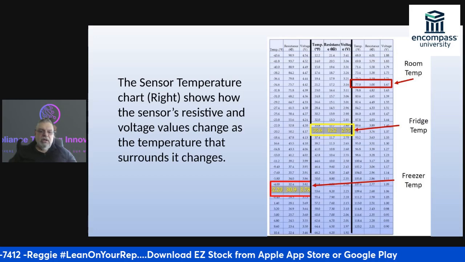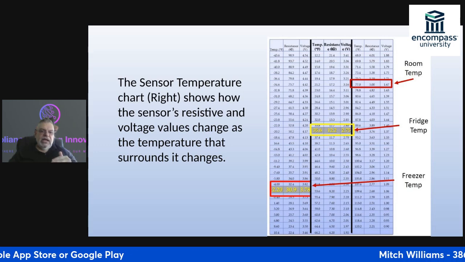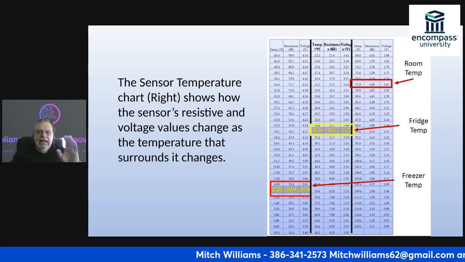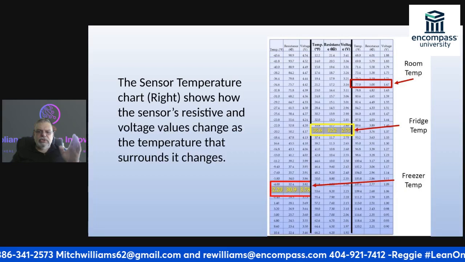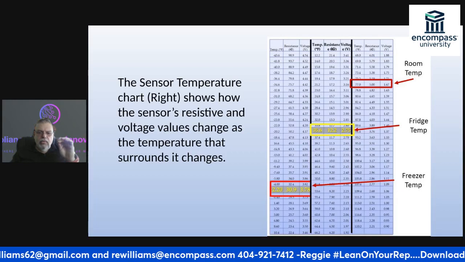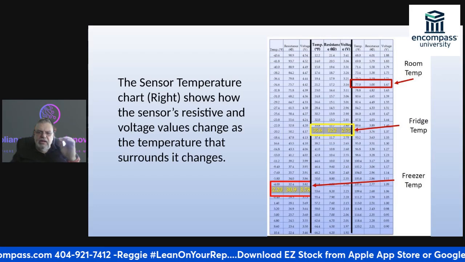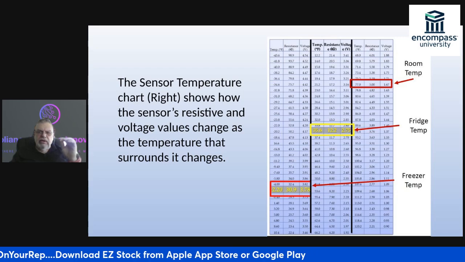Okay. Just like this says, the sensor chart shows that the sensor's resistance and voltage values change as the temperature that surrounds it changes. Okay. As the temperature is 2.20, the resistance value is 30.9, as opposed to if the temperature value is 35.6 degrees, my resistance value is 12.2.